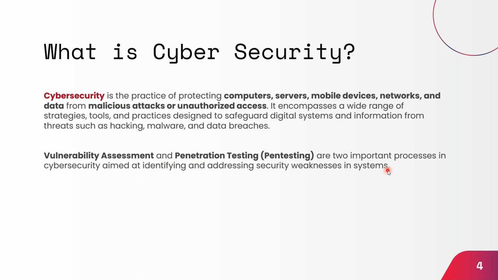So when I say cybersecurity, it's all about protecting all the assets which have some kind of worth from malicious hackers. In VAPT, we identify the weaknesses and we address those weaknesses so that the hackers are not able to break into it.